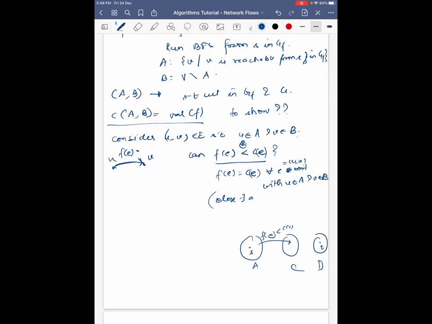So there is no contradiction in this case from f of E being less than CE. Because to obtain that contradiction, we required that if there is a forward edge from A to B, then there is a path from S to T. But here we don't have that path because C and D are disconnected, right? So doesn't the argument not work then, because we have multiple connected components, more than two?